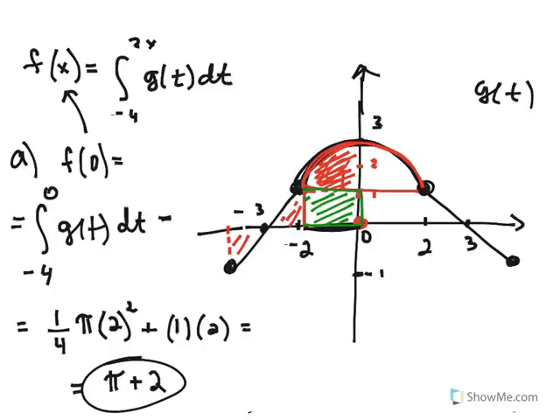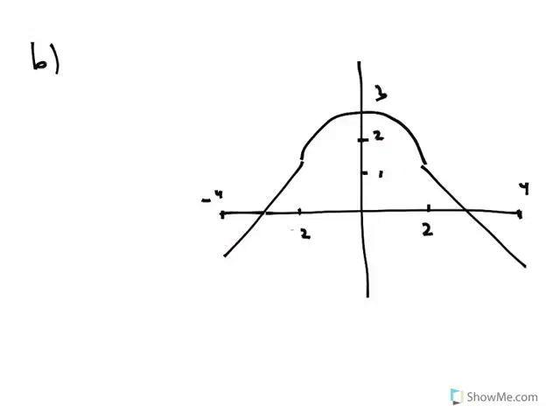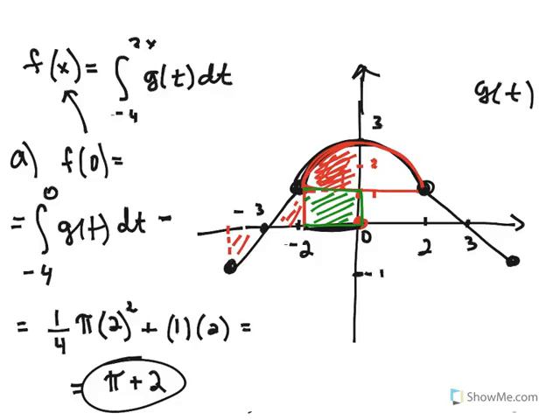I hope so. Part B, it says find the value of f of 2. So you're gonna, again, consider the integral from -4, if you remember, to, let me go back. You see this integral they give you?